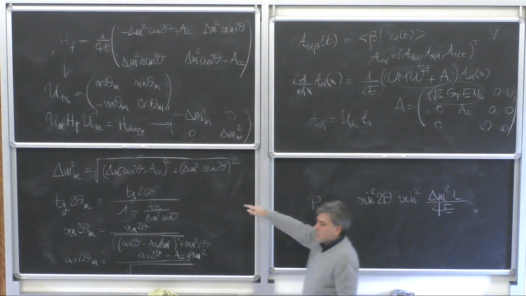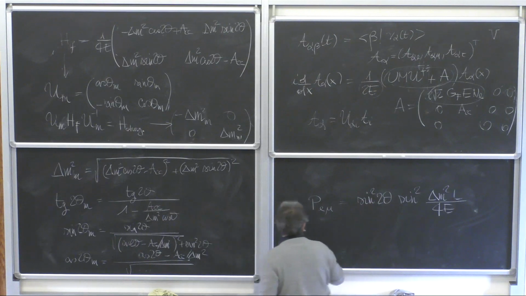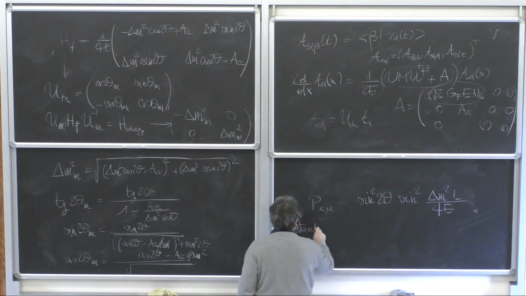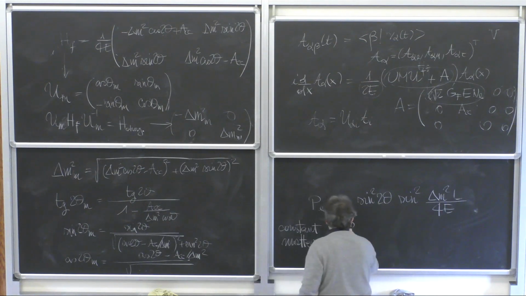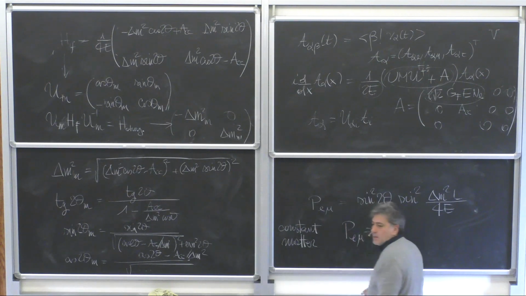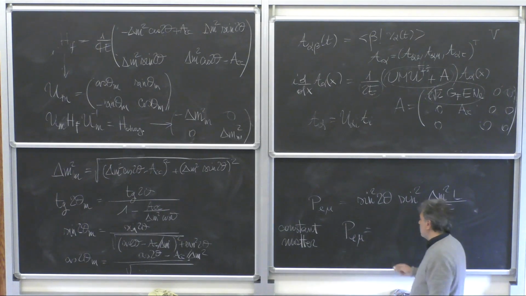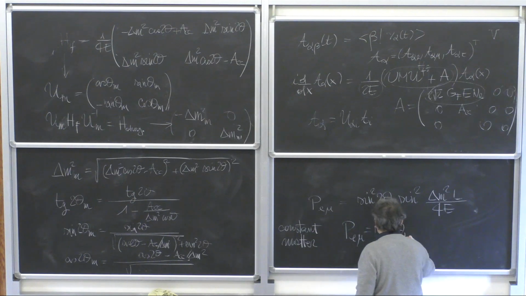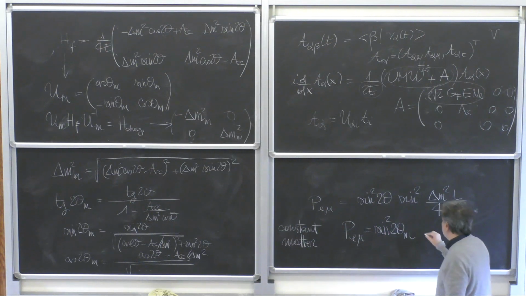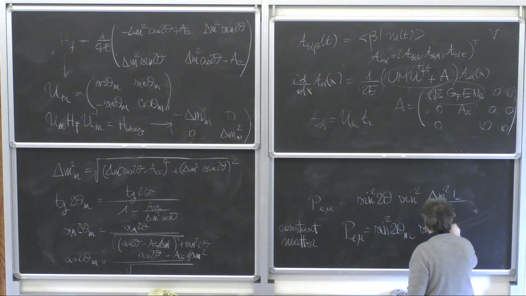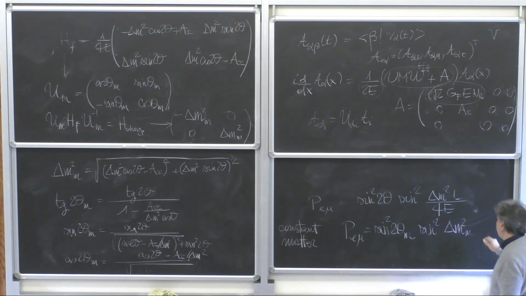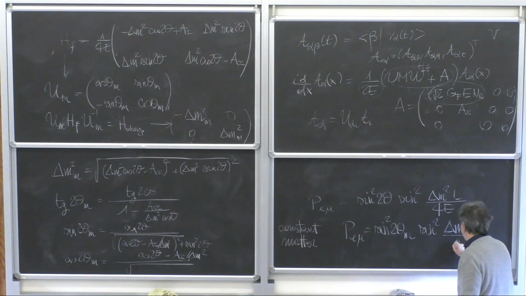The meaning of all this is that now, for constant matter, we will have P_e mu equal to sine squared 2 theta m sine squared delta m squared in matter L over 4E.